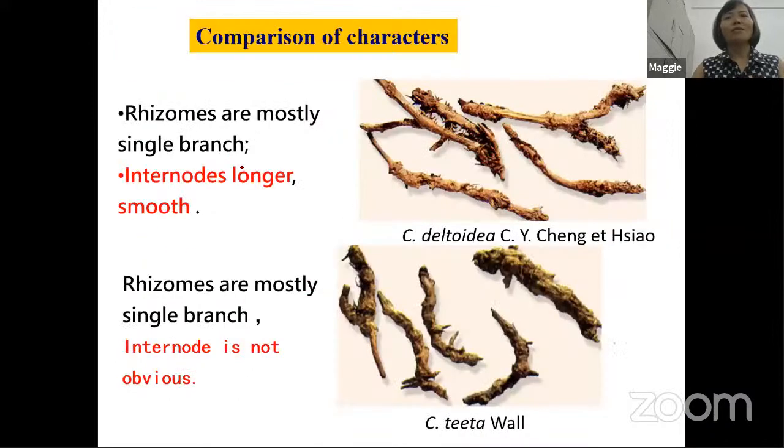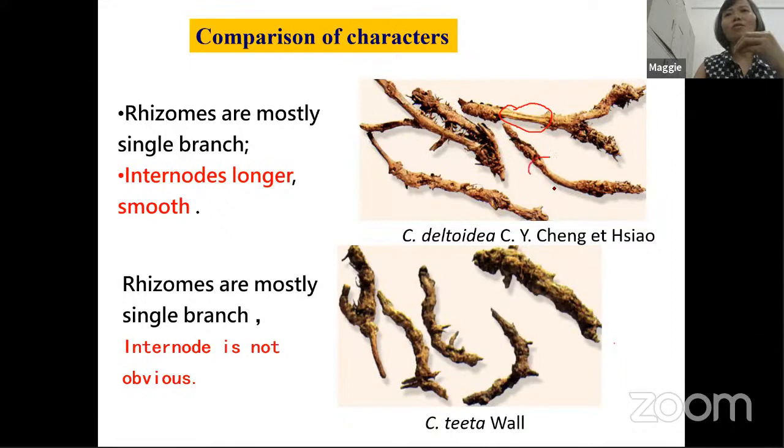So next one, how about other species of Coptis? So the upper picture is rhizome of Coptis deltoidea. So Coptis deltoidea's rhizome is single branch. Internode. So where is internode? Like here, it's internode. So internode longer, smooth.